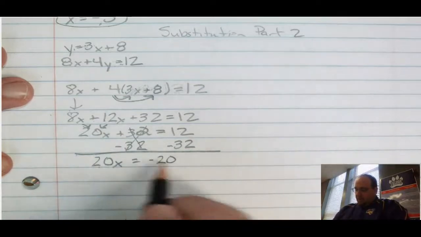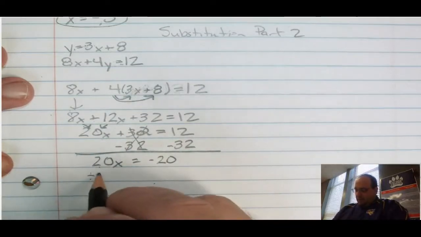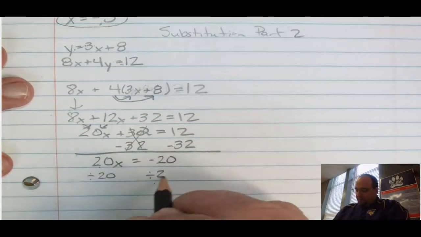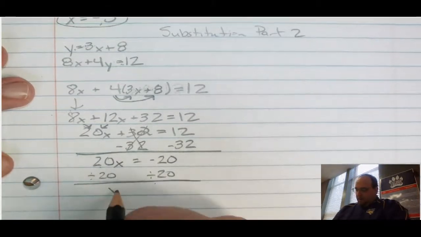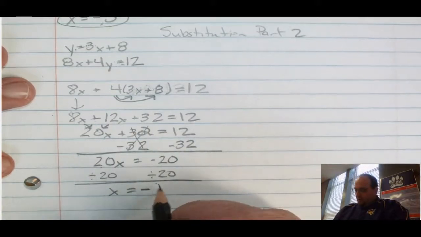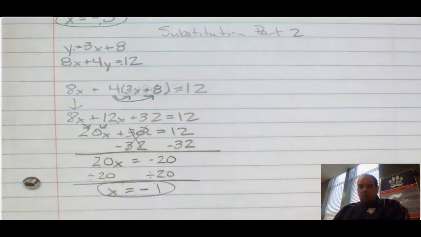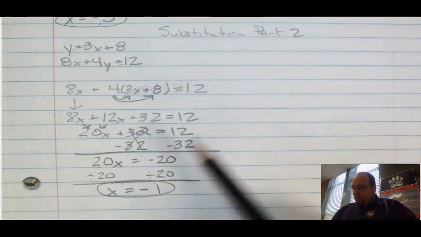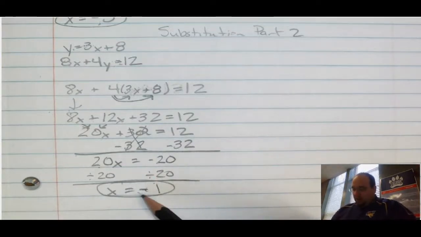So 20x equals negative 20. I'm going to divide by 20 to try to get x by itself. I get x equals negative 20 divided by a positive 20, which gives me a negative 1. So x equals negative 1.